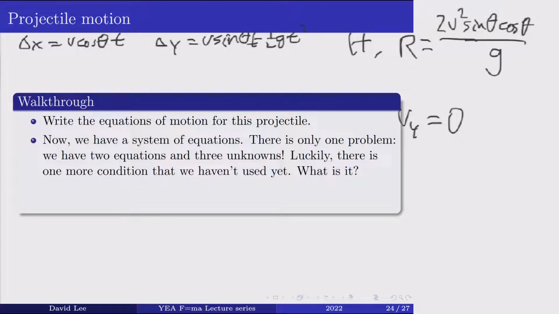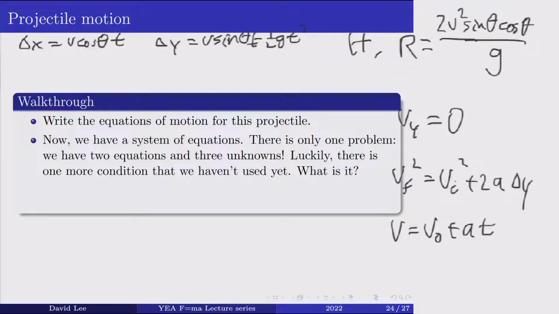I see someone suggested V final squared equals V initial squared plus 2A delta Y in our case. Or you could just use V equals V0 plus AT. I'm going to stick with this one because I like it more.